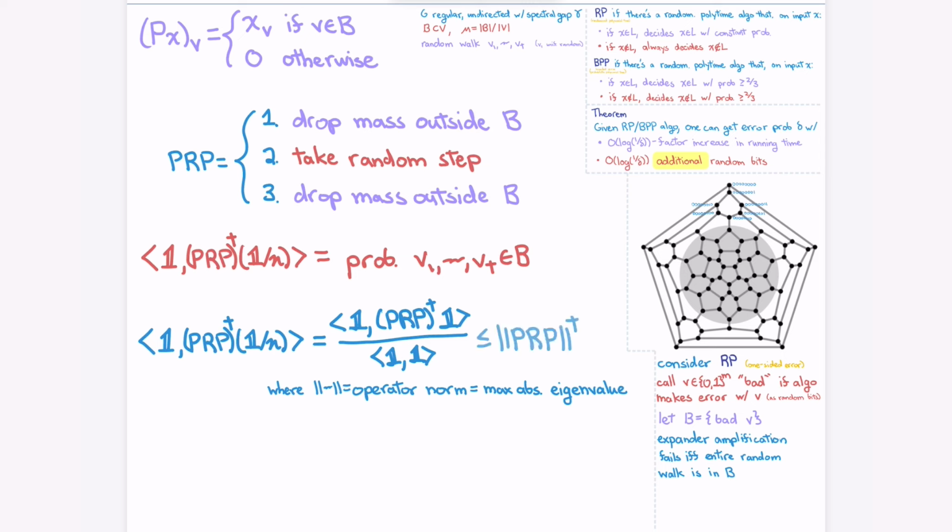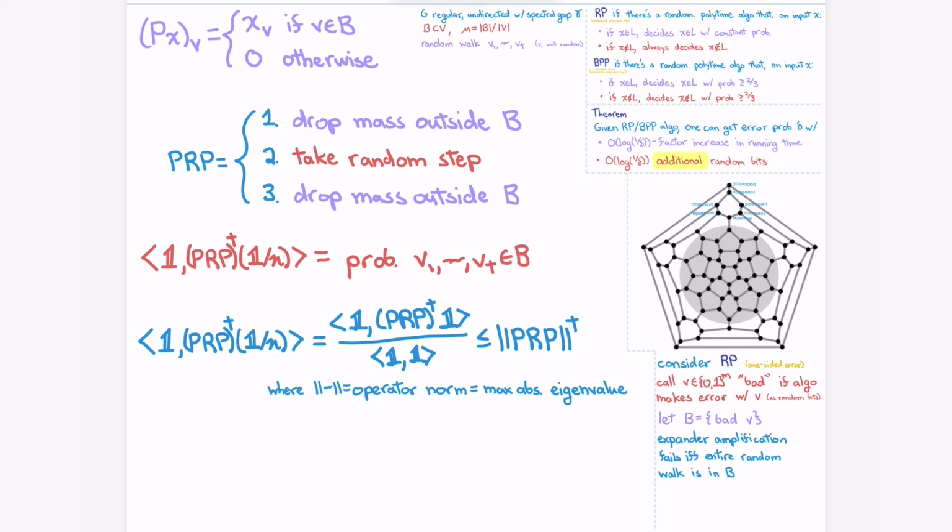And so that's at most PRP to the T. So this is just saying the biggest eigenvalue of PRP raised to the Tth power. So if we can show that the eigenvalue of PRP is small, it's not necessarily 1 because PRP isn't a random walk, because we're dropping this mass. R is a random walk, but not PRP. Then you just raise it to the Tth power.